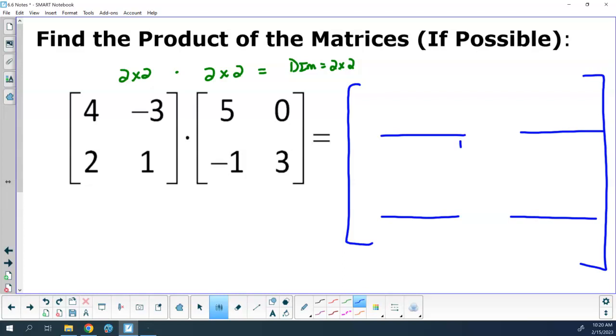This address is row 1, column 1. This address is row 1, column 2. This address is row 2, column 1. This address is row 2, column 2.